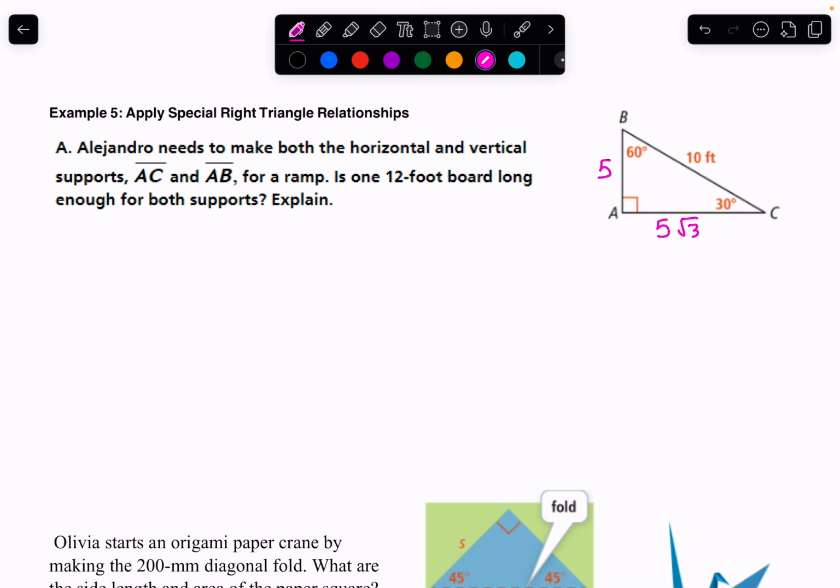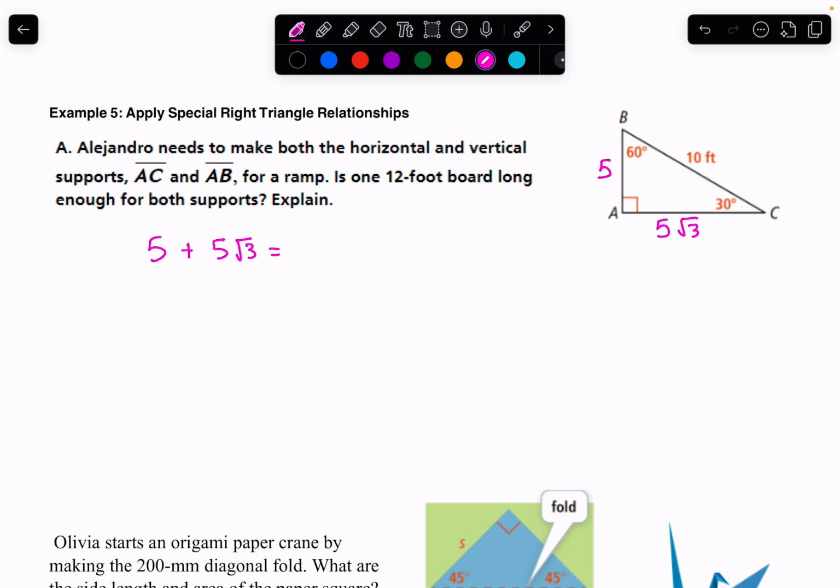And that means that if I add 5 plus 5 root 3, all I need to know is that it is less than 12. So let me do that real quick. You guys, I have no idea how you use these iPhone calculators. They're so difficult. Let's see, the square root of 3 first times 5.